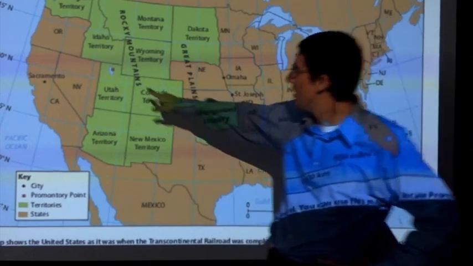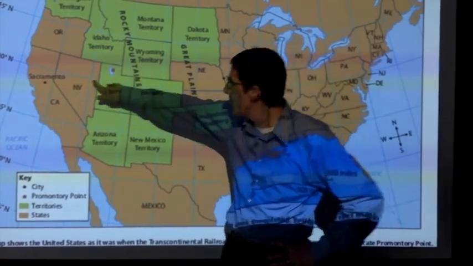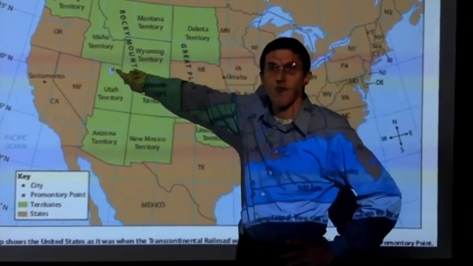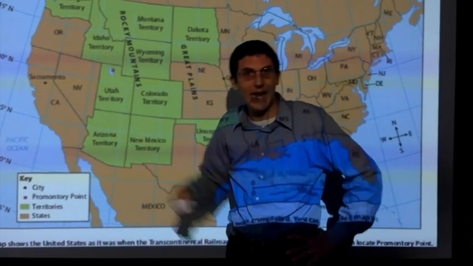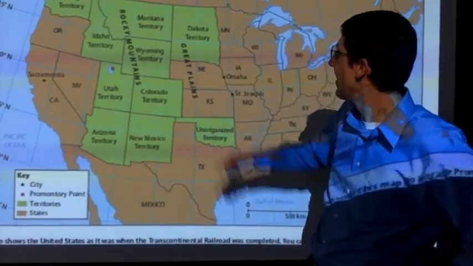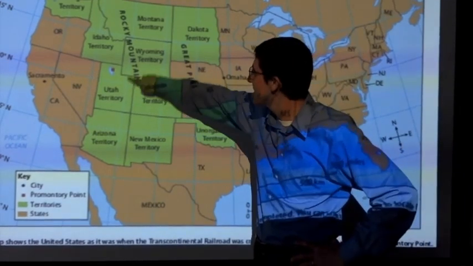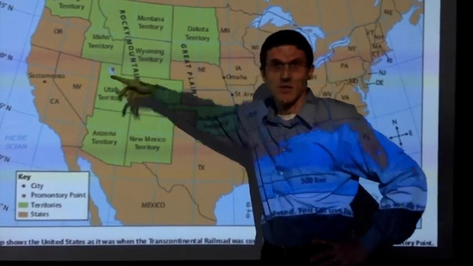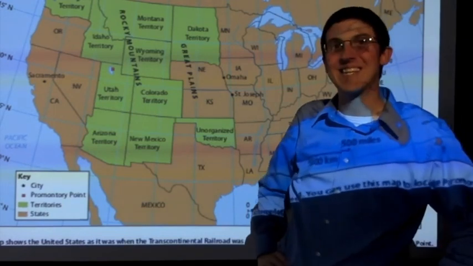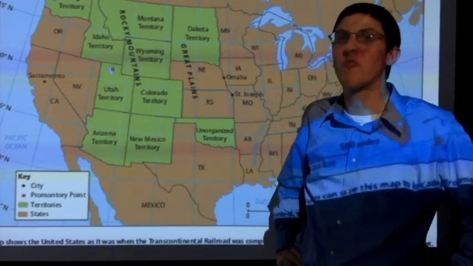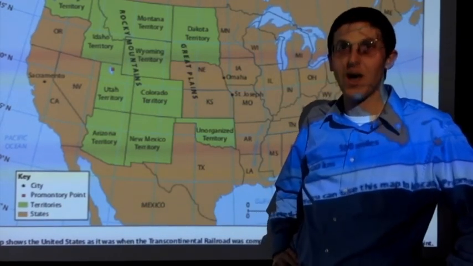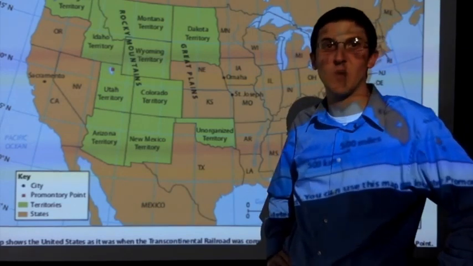We can tell Promontory Point is a little bit higher than 40 degrees north latitude. We can also tell it's a little bit further west than 110 degrees west. It's longitude. Well, the exact coordinates are 41 degrees north, 112 degrees west.